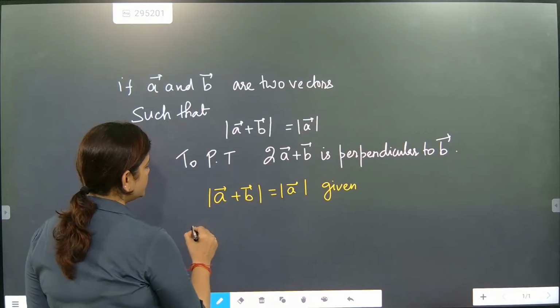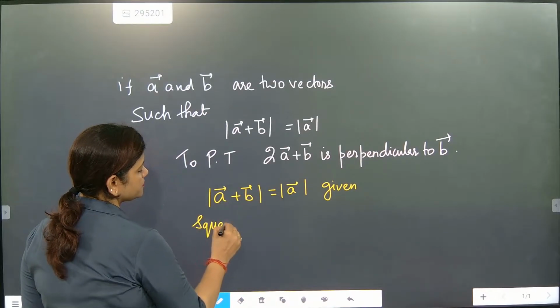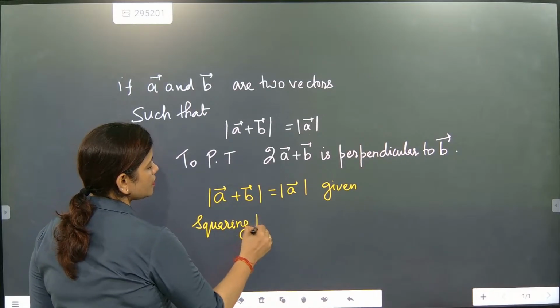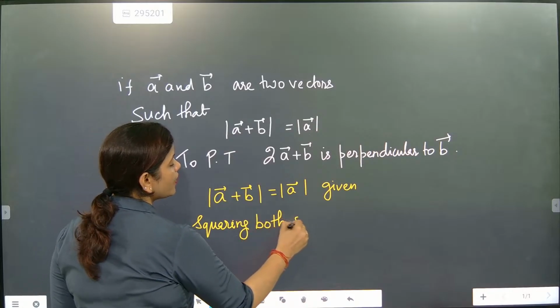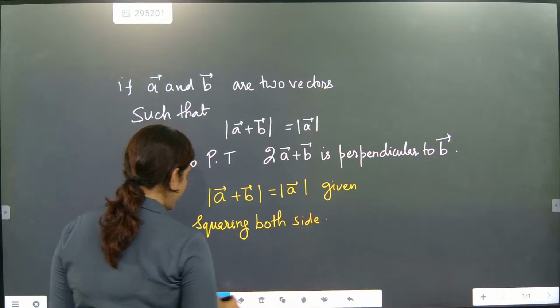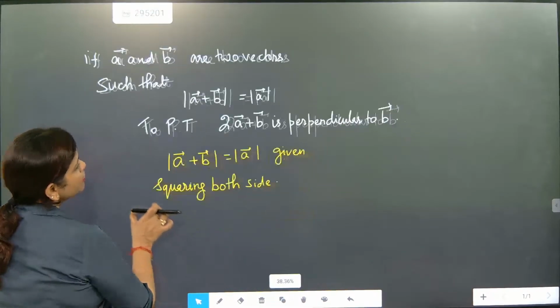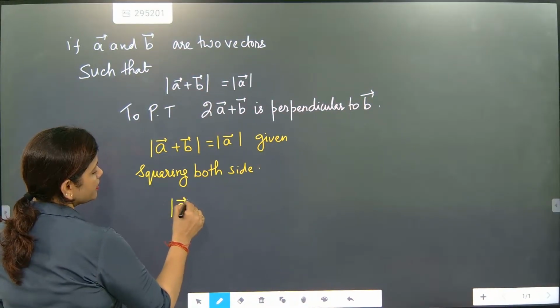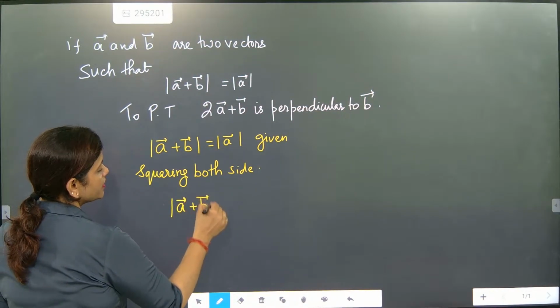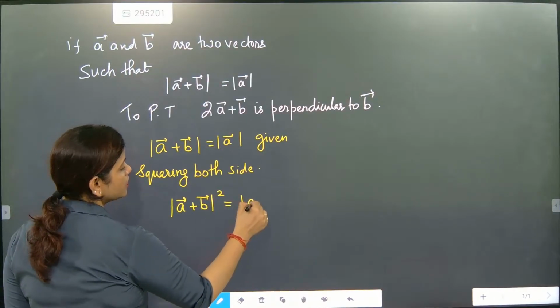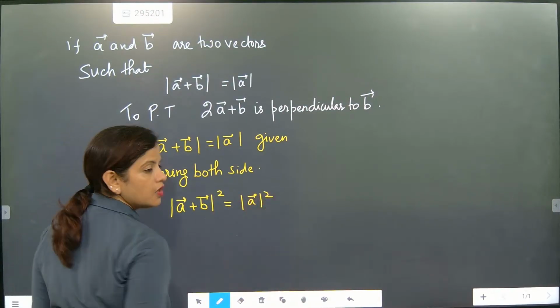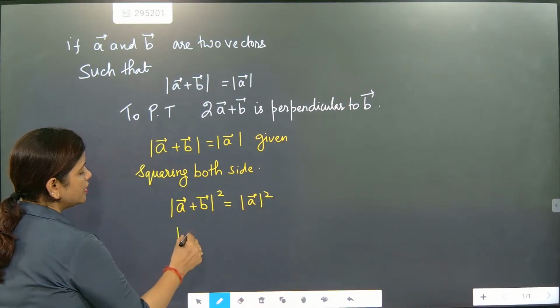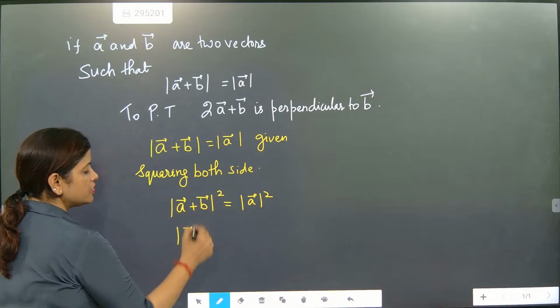So first work is squaring both sides, because without squaring we cannot get anything. The moment you squared it, what you are getting? You will get A vector plus B vector whole square is equal to modulus of A vector whole square. Now split this one beta. What is the formula for this?